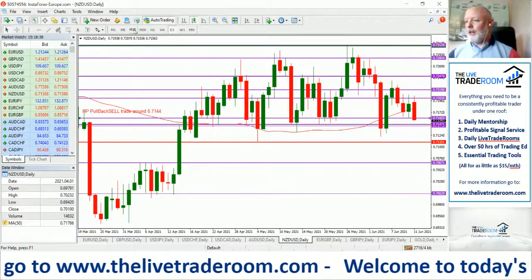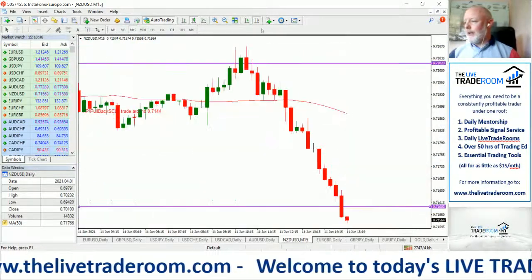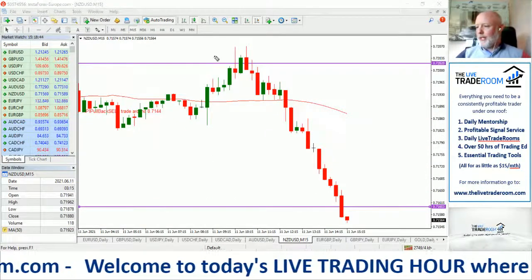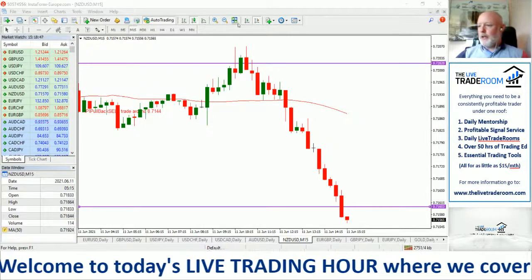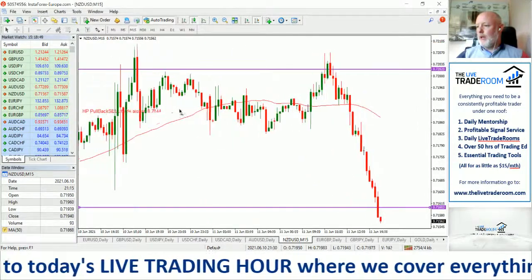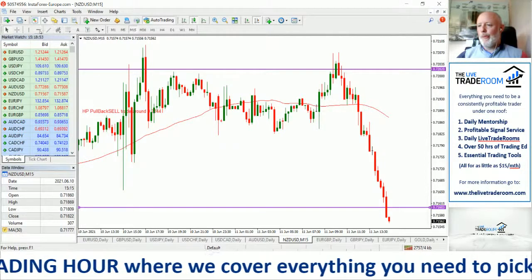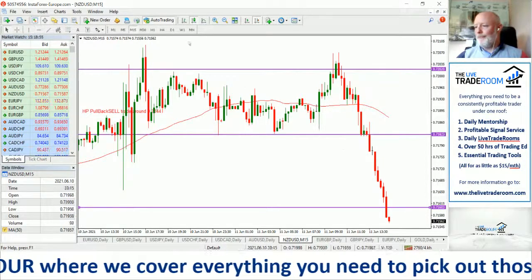We're seeing that little flush trading in New Zealand dollar. We've got the same situation with the, in fact, it just shows you the quality of the setup is a really poor one.